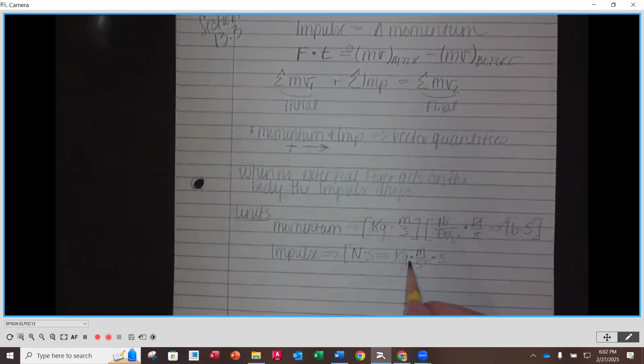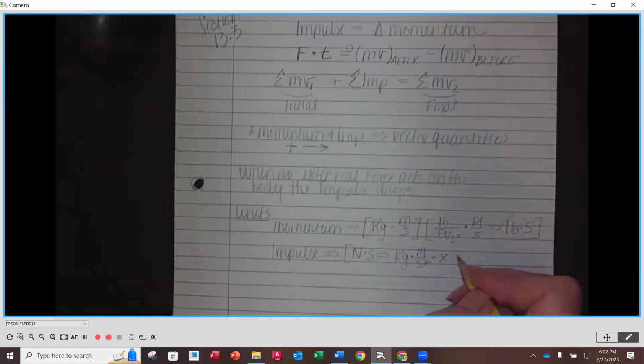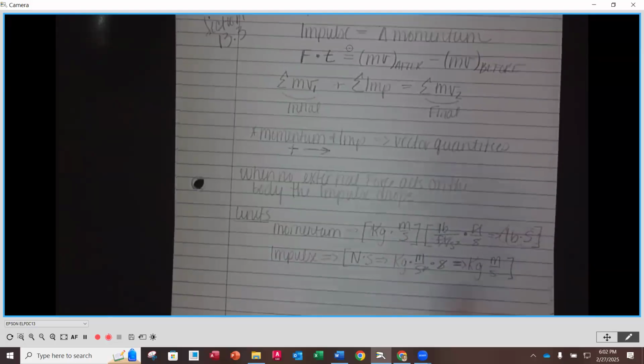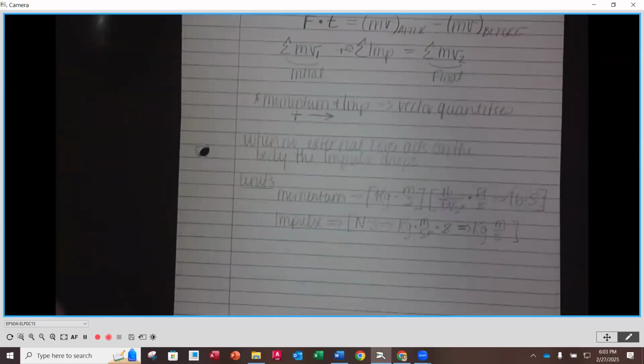So if we look, the seconds squared and the seconds would cancel out just one of those. So we end up with a kilogram meter per second, and that's why we can combine it with momentum. So a kilogram meter per second is a newton second. It's equivalent.